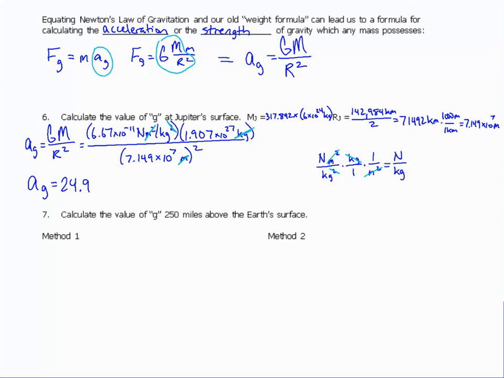And we have to know what this means. Newtons per kilogram is not really a good unit, especially when we're talking about acceleration. So what is a newton? It's a kilogram times a meter divided by a second squared.